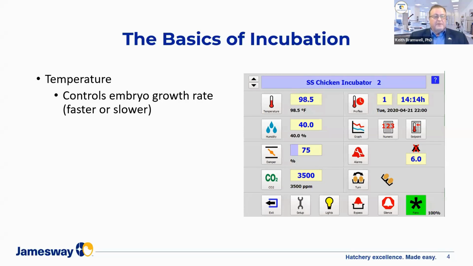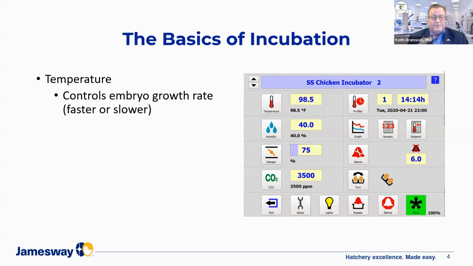But as a reminder, the basics of incubation, there are 4 things. Temperature. It controls embryo growth rate, faster or slower. If we have a higher temperature, we will typically have a faster growth rate. If we have a lower temperature, we'll typically have a slower growth rate. That could be temperature within the entire cabinet, or in microenvironments within the cabinet.